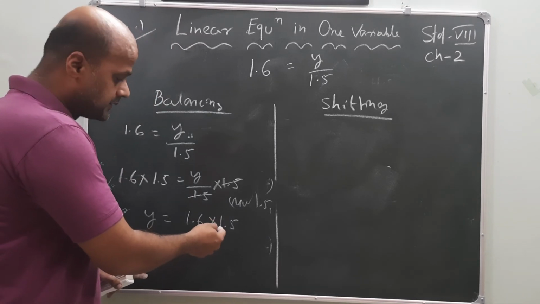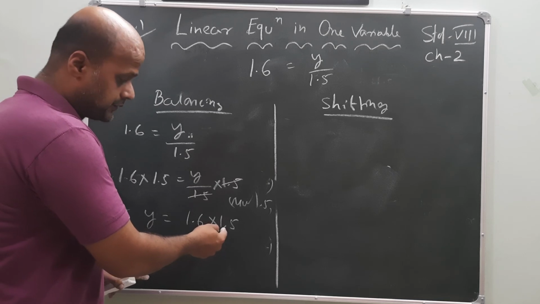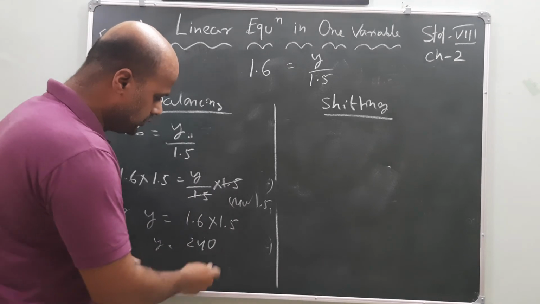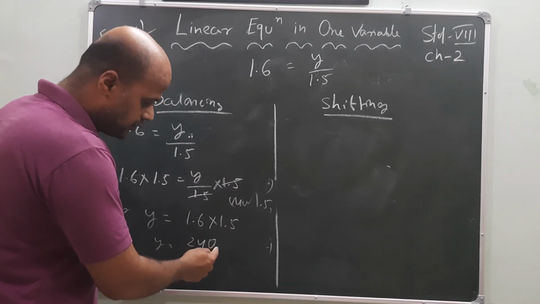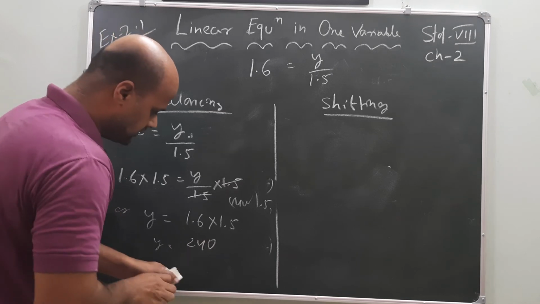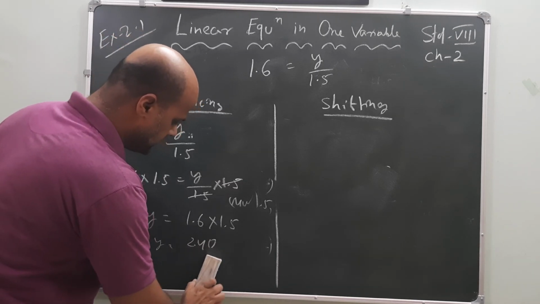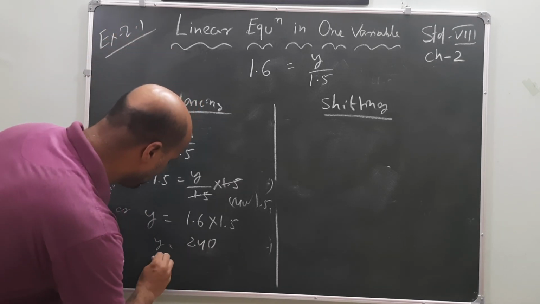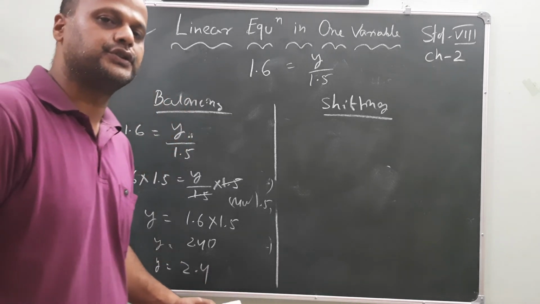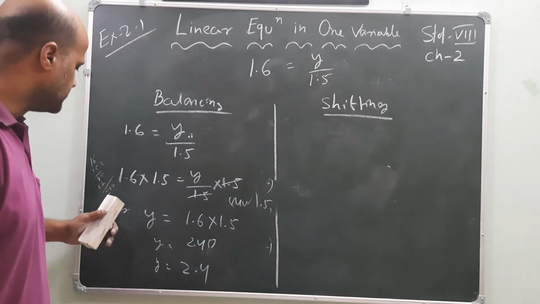Tell me, my dear friends. After the decimal 1 digit, after the decimal 1 digit. In multiplication, what do you have to do? From the right-hand side, 2 digits: 1, 2. Put the decimal here. So what is the value of y? y is equal to 2.4 or 2.40. Whatever you write, it is fine.